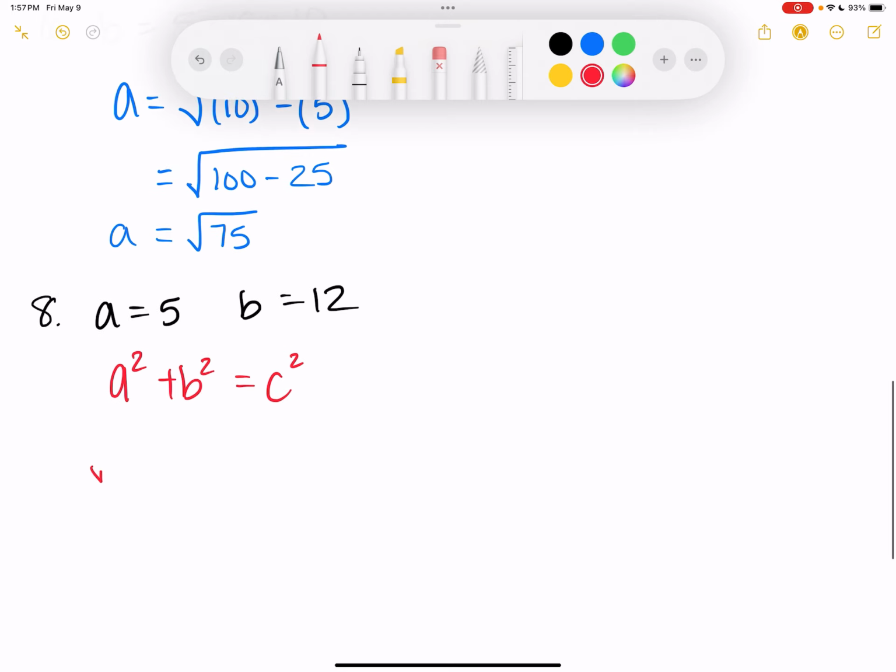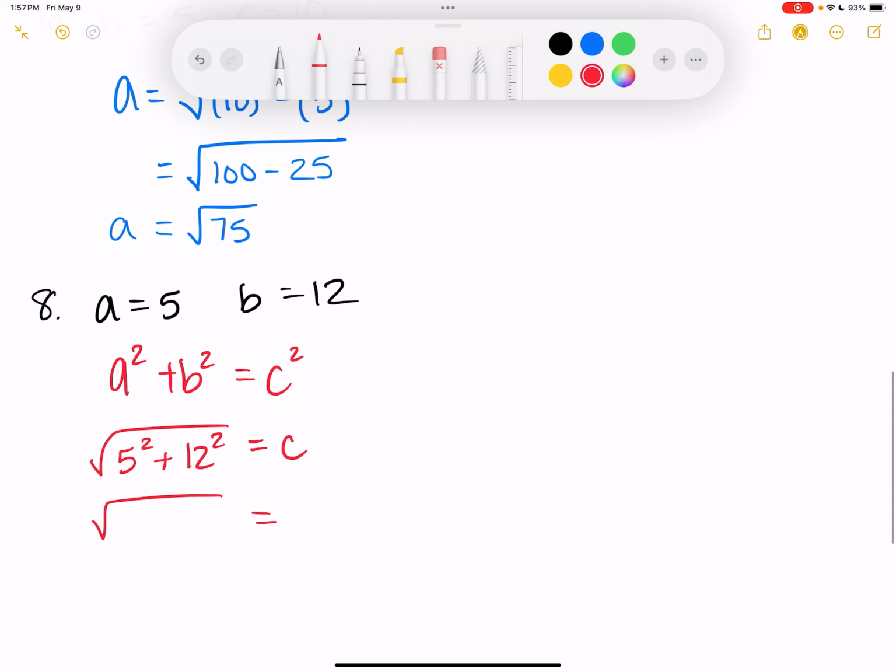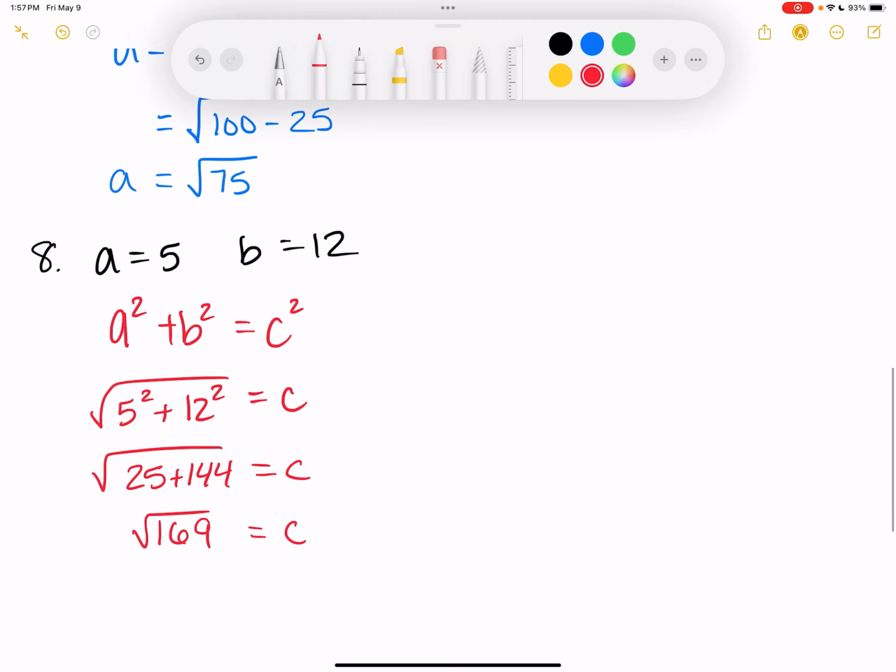So I'll have the square root of 5 squared plus 12 squared equals C, because I already took the square root so that it's under the radical like that. So this is the square root of what? 25 plus 144. And so that's the square root of 169. Is that a perfect square? Yep.